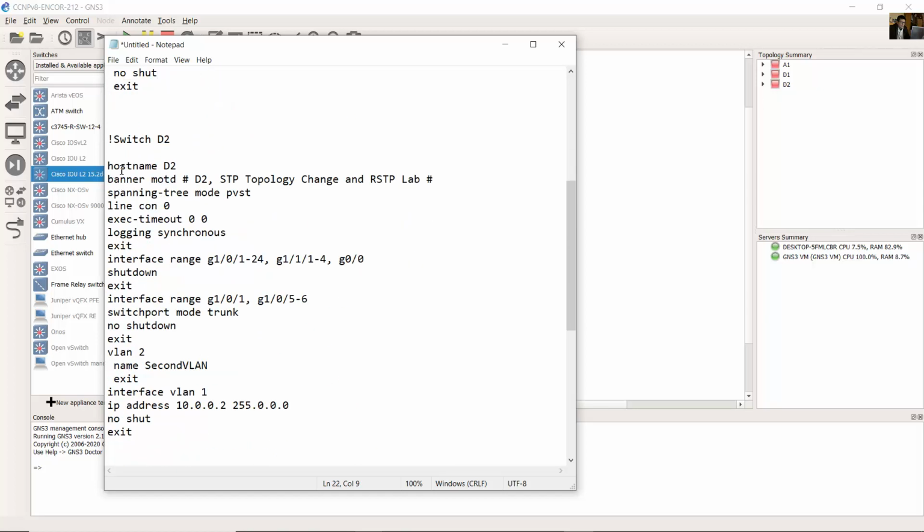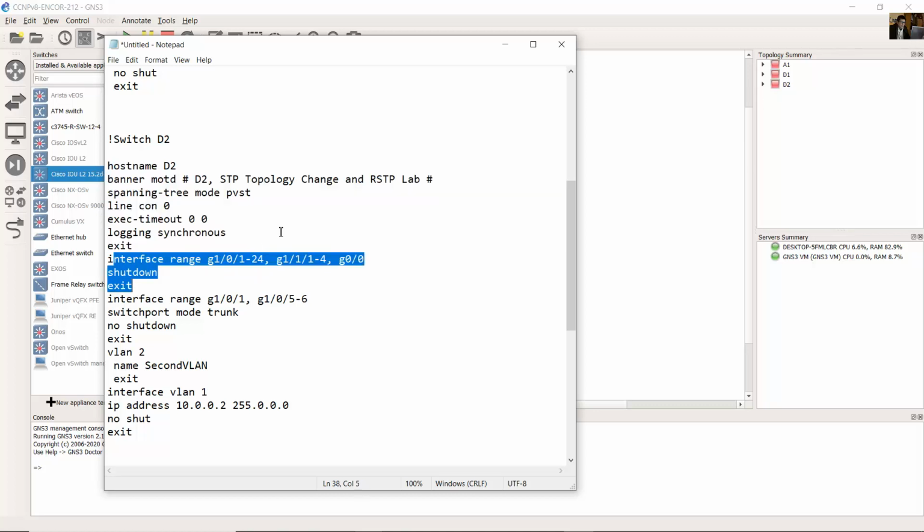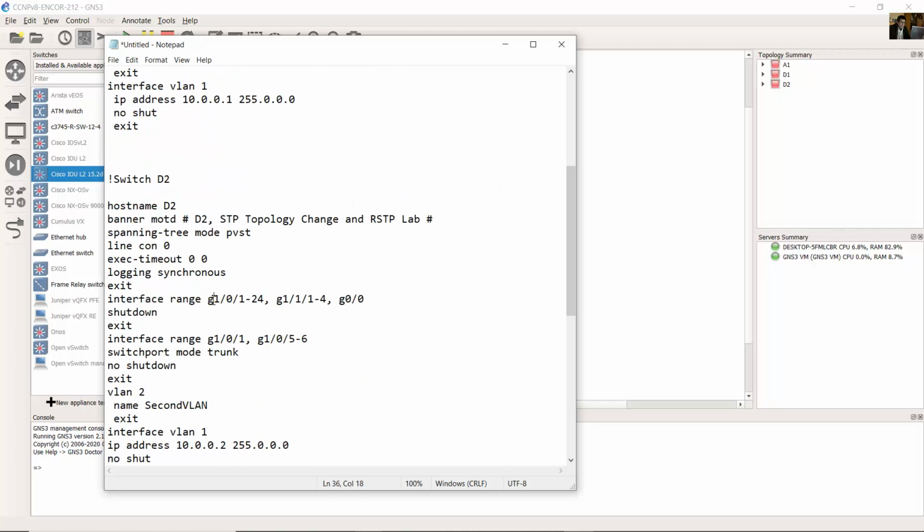And for switch D2, banner spanning tree, line console, shut down all interfaces, so use the same command here.